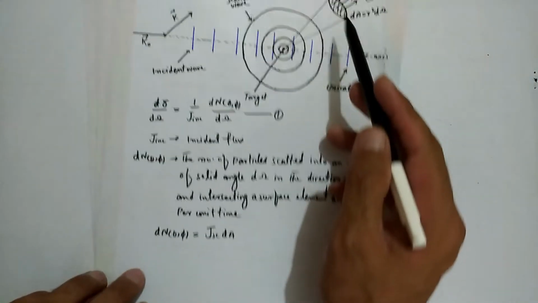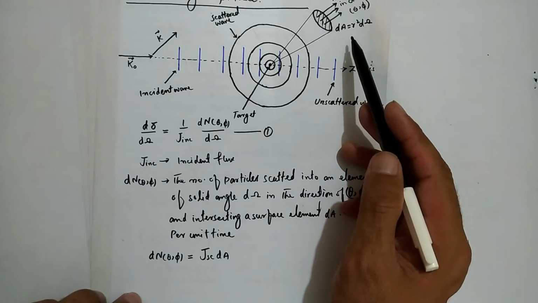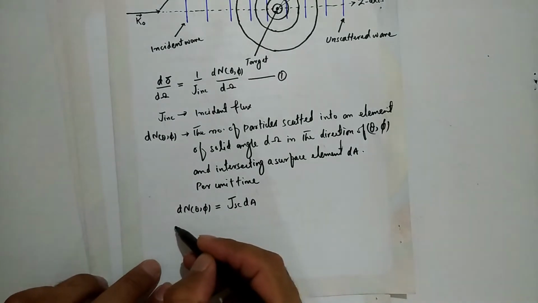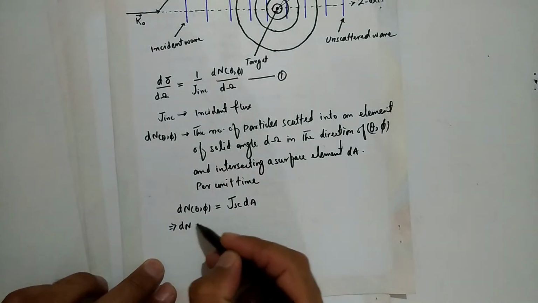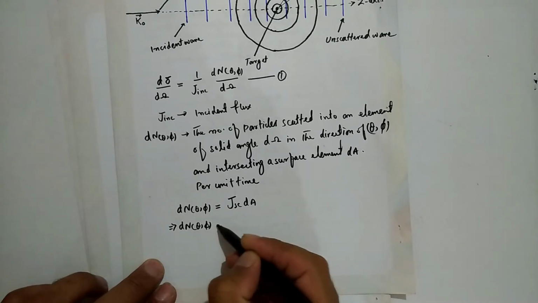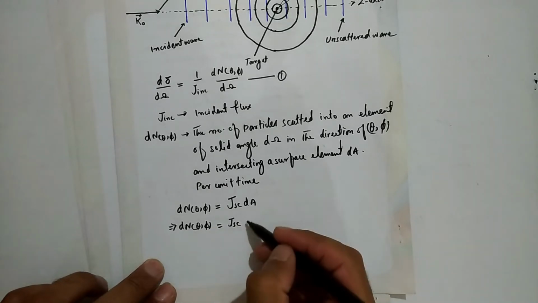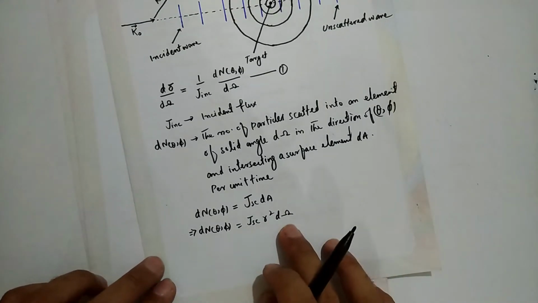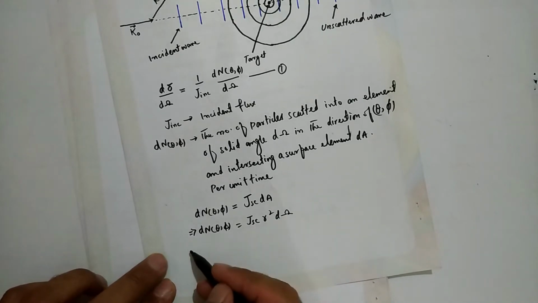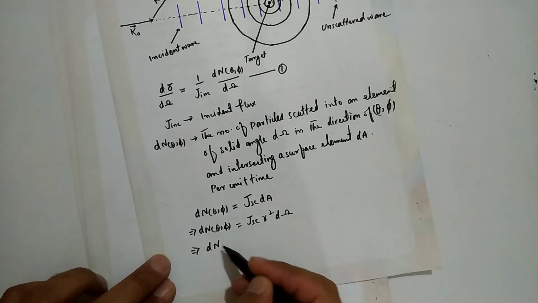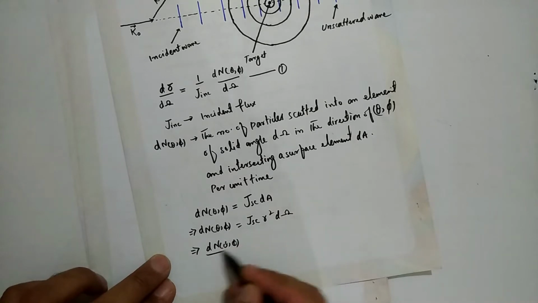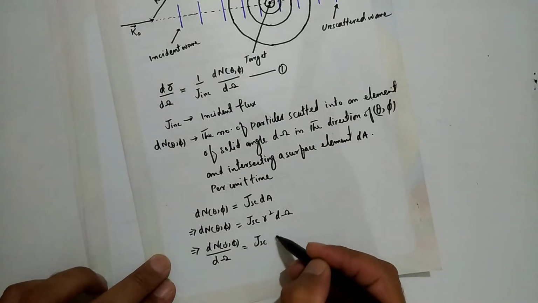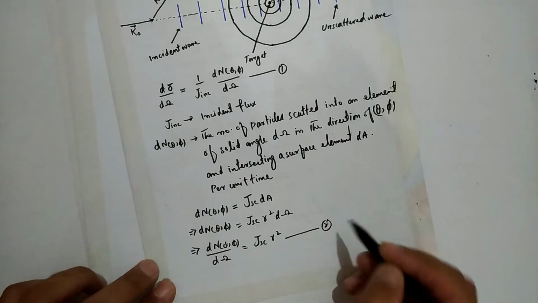And the area element is r square into d omega. So dn theta phi will be equal to j scattered into r square d omega, or we can bring this d omega to the left side. This will be dn theta phi divided by d omega, which is equal to j scattered into r square. This is equation number 2.